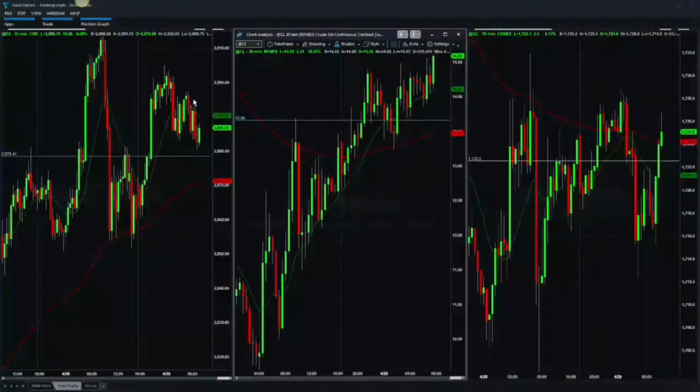So you could just use something static like that. You could say, if I'm looking for a break of 2,900, then I could keep my stop down here at 2,890, and that would give it plenty of room to chop around and move before it moves in my favor.